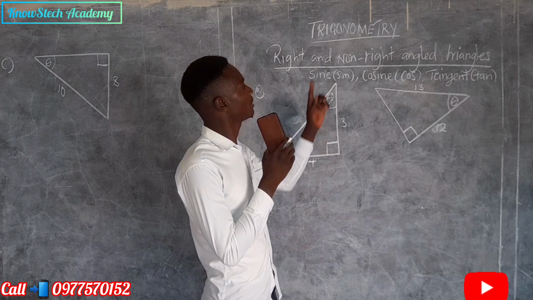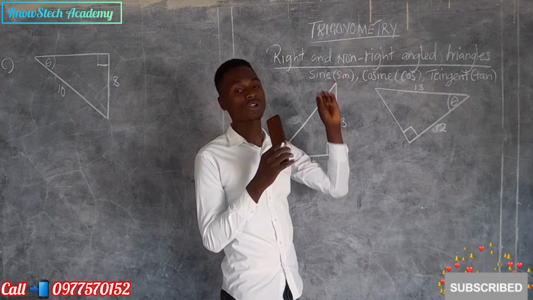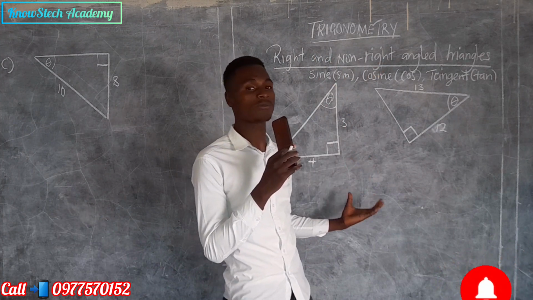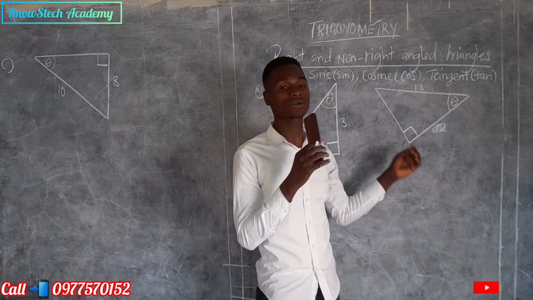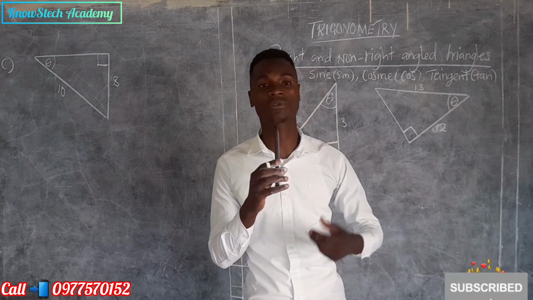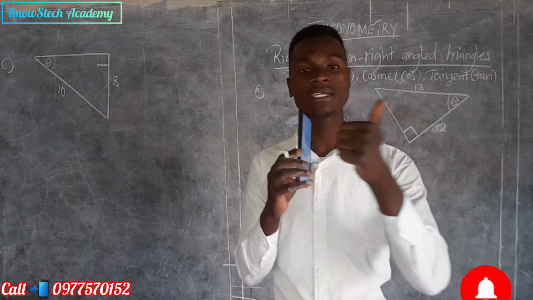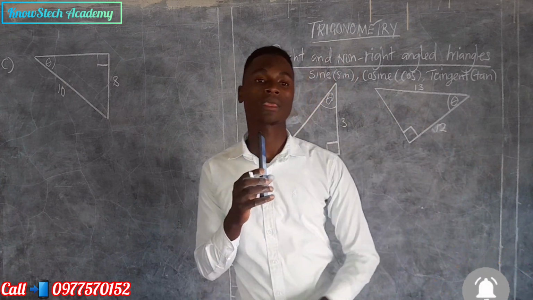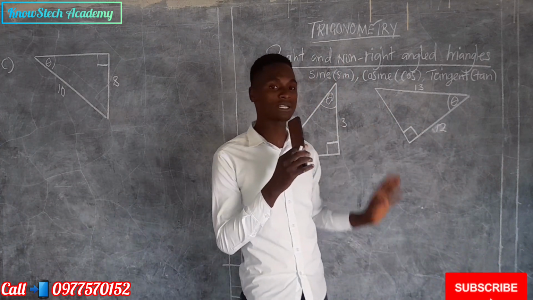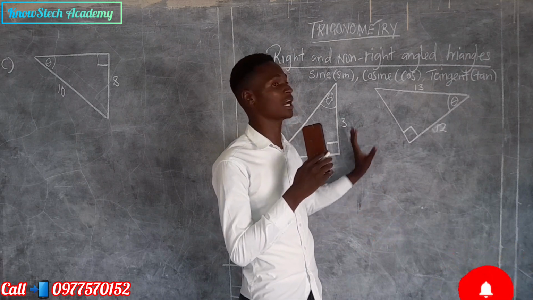What is trigonometry? Trigonometry is a branch of mathematics that is concerned with the relationships between angles and the sides. Mathematics is like a tree and it has branches.